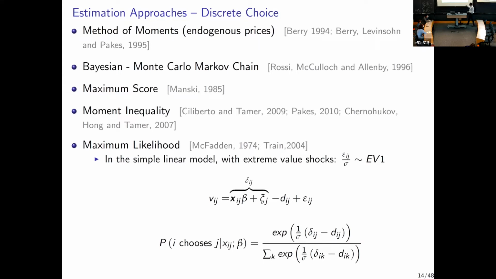We can write down the likelihood, or the probability, that i chooses j as exp of 1 over sigma times delta ij minus the price for good j faced by individual i. Okay, so this has a very nice closed-form solution, and this can be the likelihood for this particular observation, if we observe i chooses j.